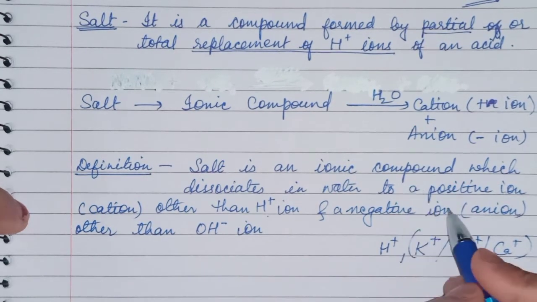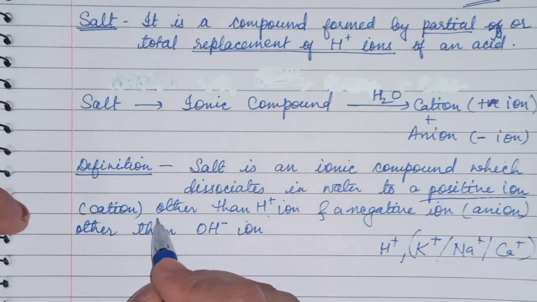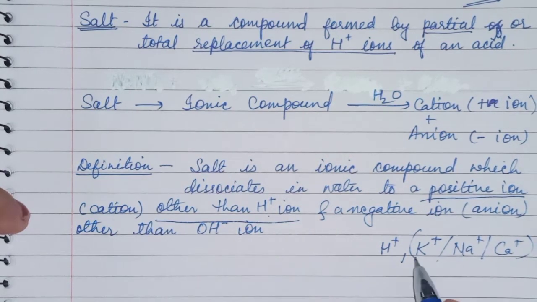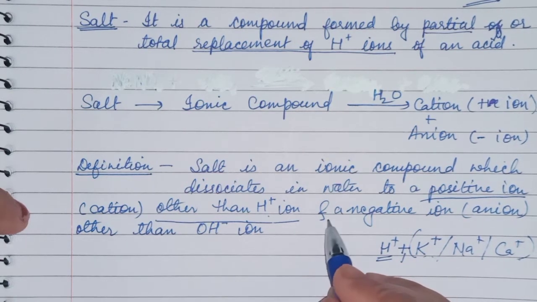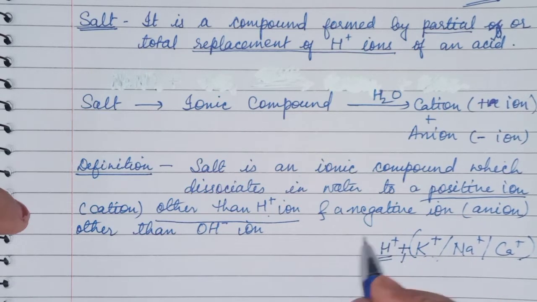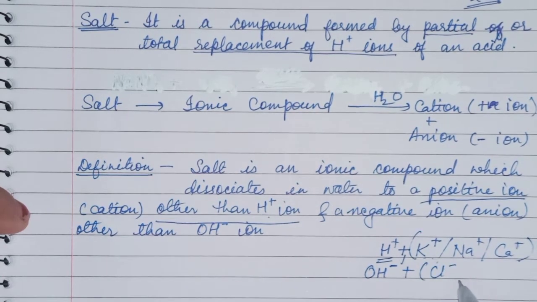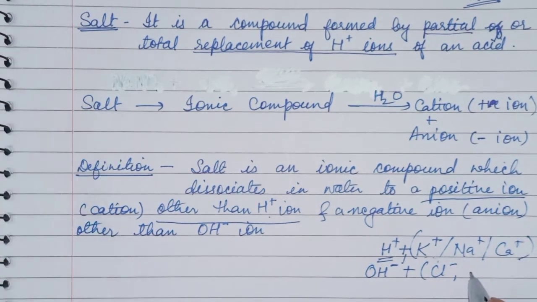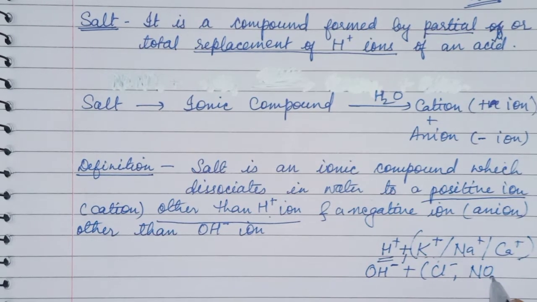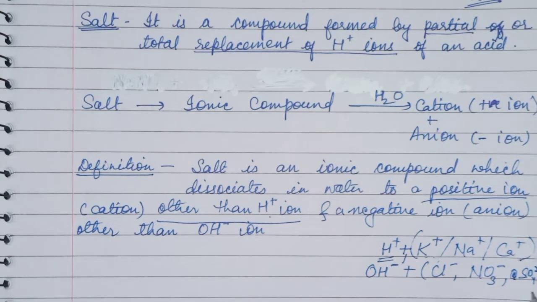And a negative ion other than the OH minus ion, so OH minus plus any other negative ion, Cl minus, NO3 minus, or SO4 2 minus, like that.